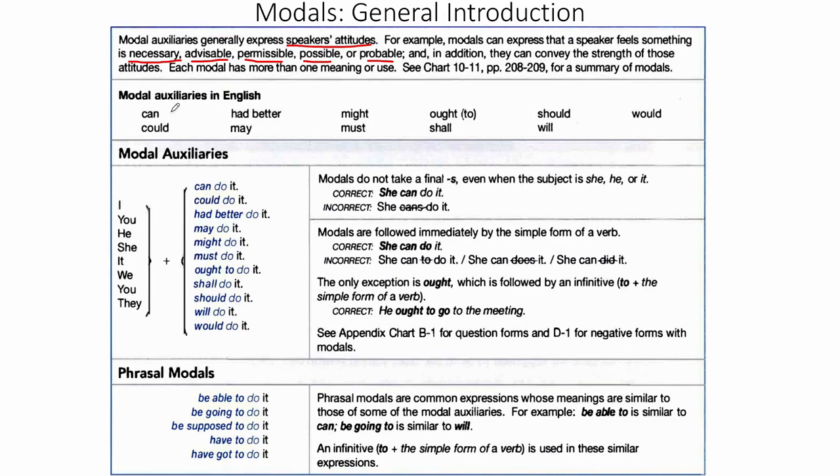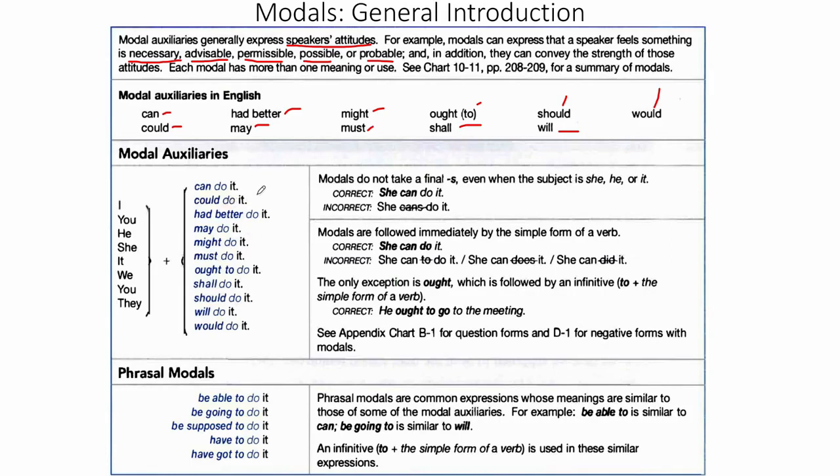So you can see here we have can, could, had better, may, might, must, ought to, shall, should, will, and would. So all these are examples of modal auxiliaries used in English.